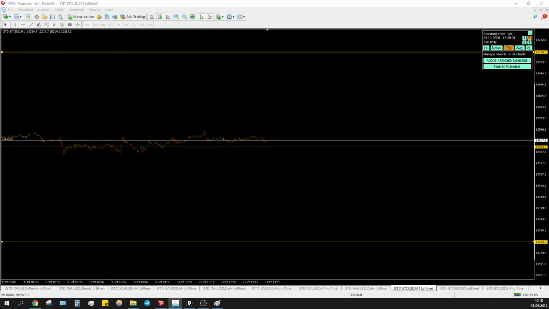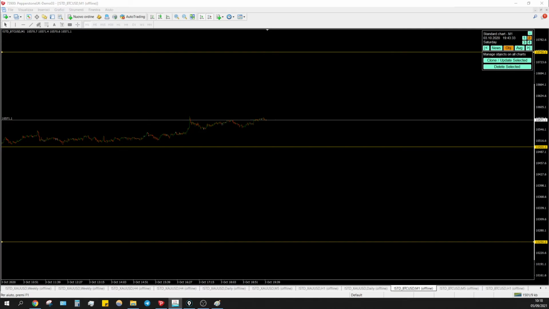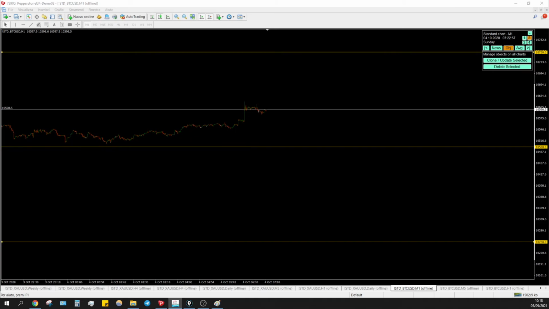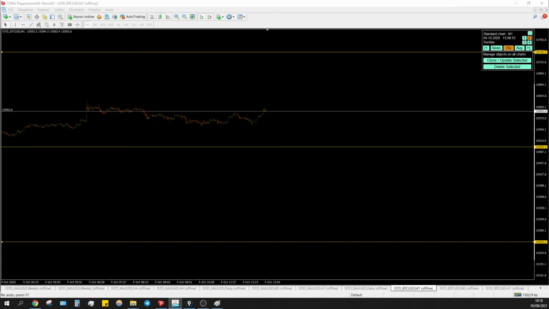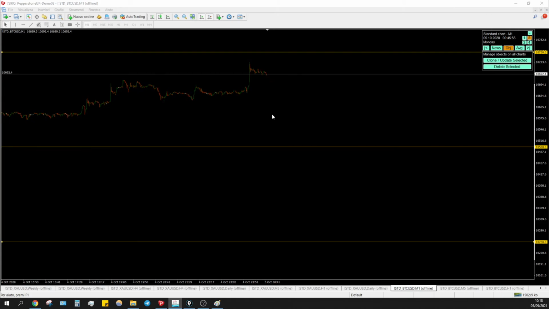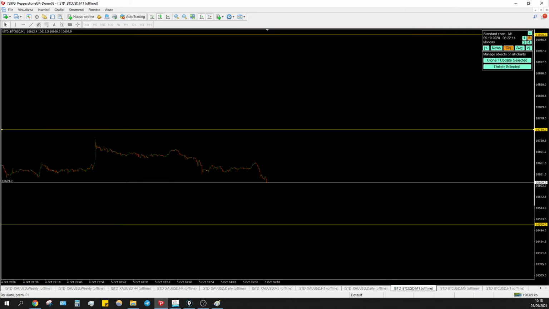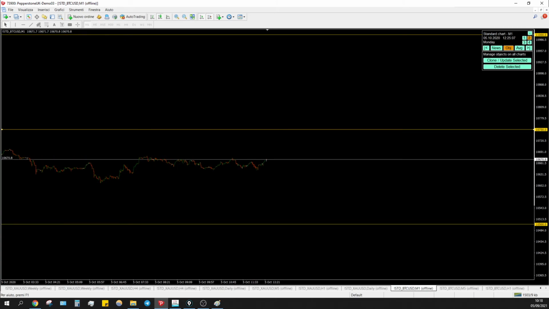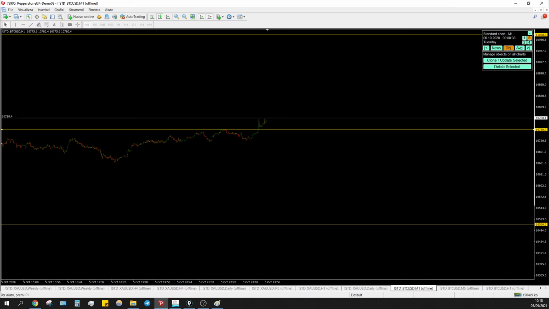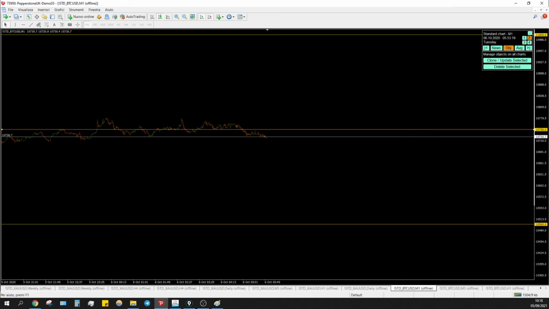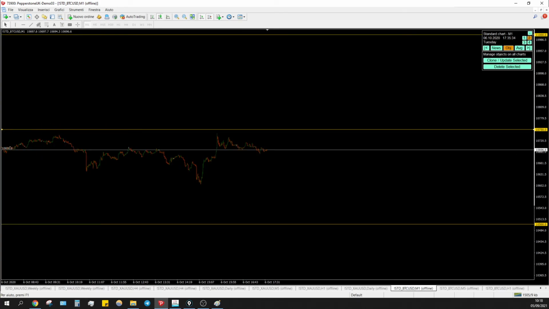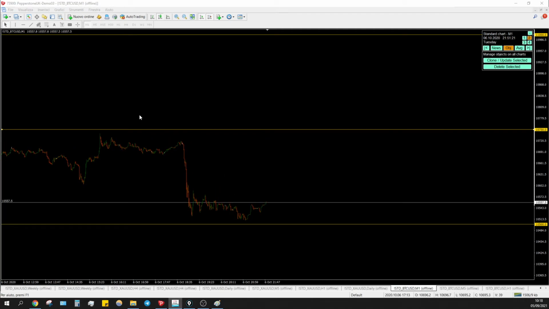I know this is not entertaining, but it's part of the job. You see how low the volume was, moving between 25 pips and then correcting.